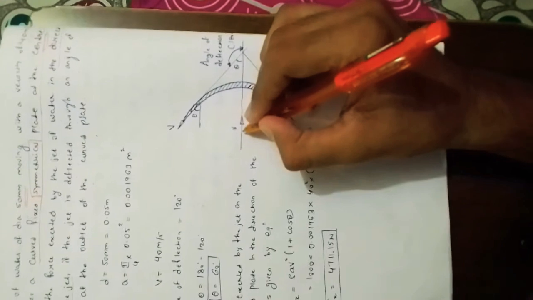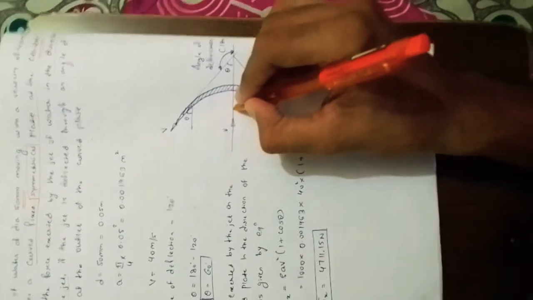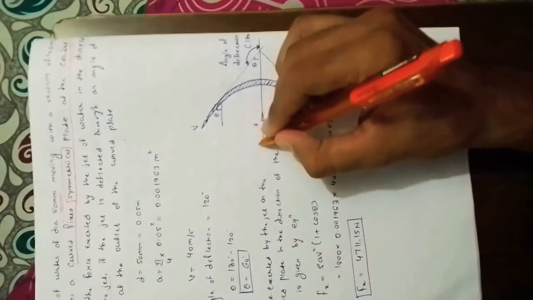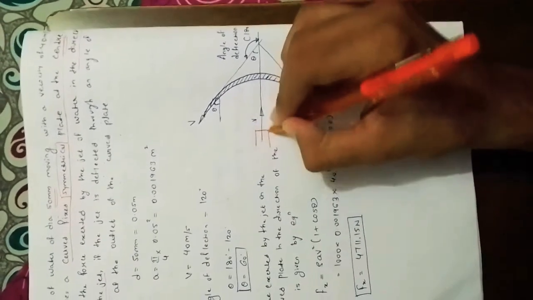So basically we will give one diagrammatic representation. This is the curved plate, correct? And these arrows give the representation of the jet. If you want, we can draw a pipe.